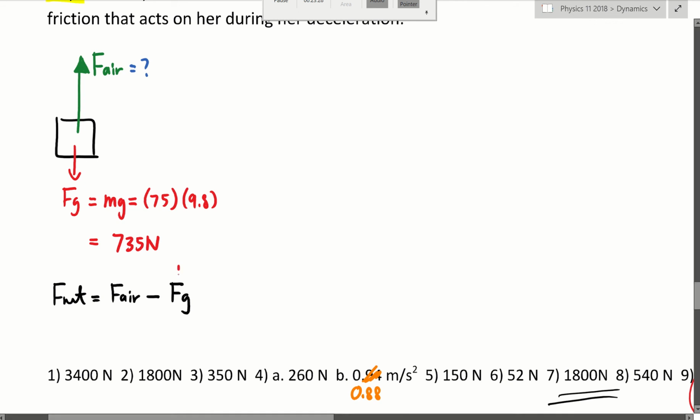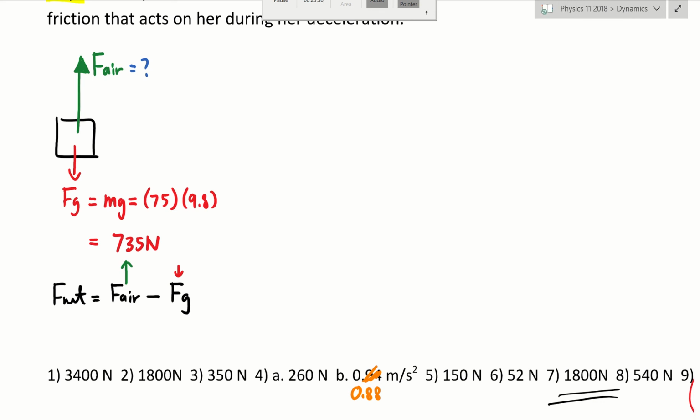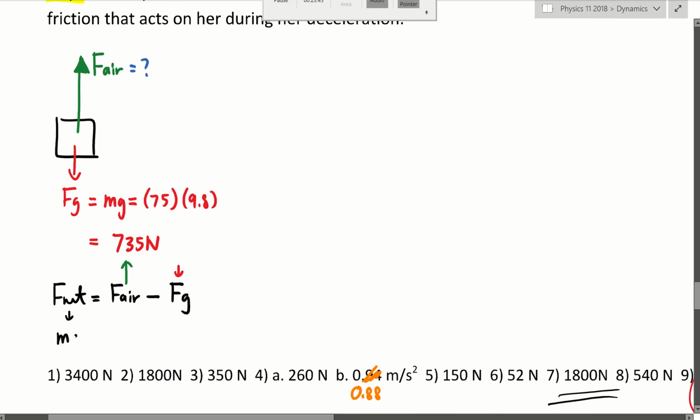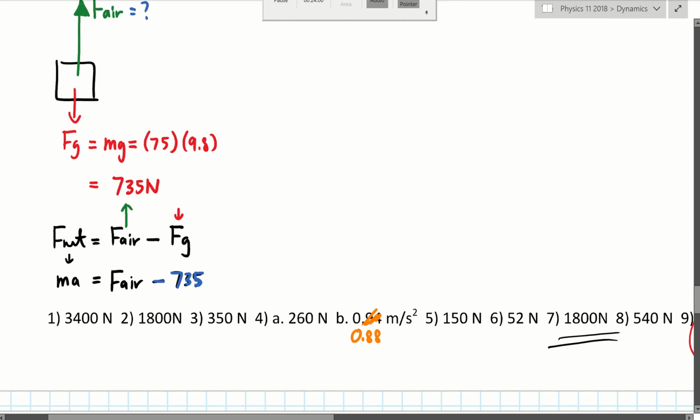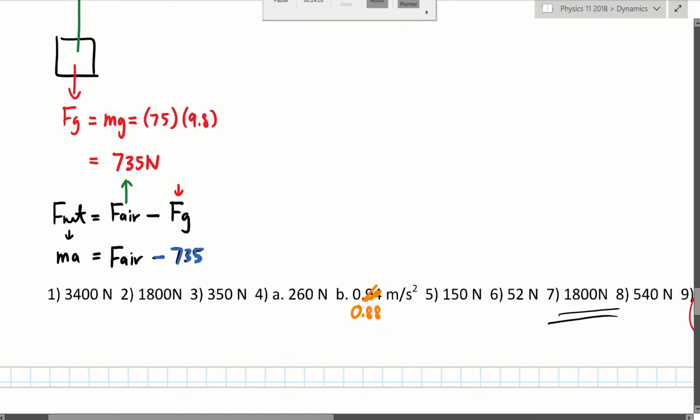Force of gravity is going down and the air resistance from the parachute is going up. So you look at who is bigger. If you're slowing down, then the one pulling you up is bigger. So we always use the bigger one and subtract the smaller one. Then we replace F net with MA and put everything in. So air resistance minus 735 newtons. But here is where you get into trouble, because looking at this equation, you also have mass, which is 75 kilograms.